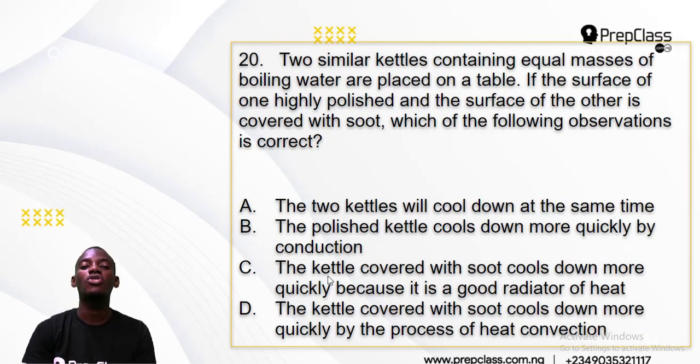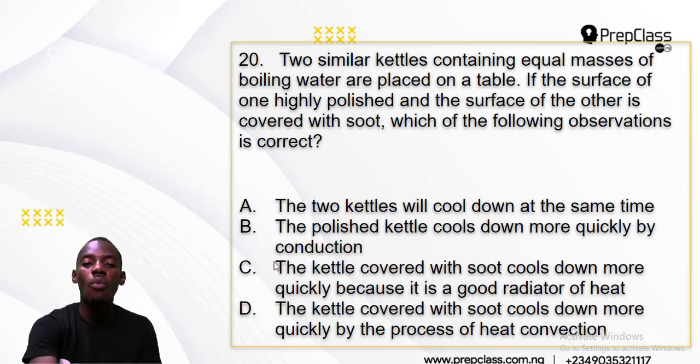Now number 20. Two similar kettles containing equal masses of boiling water are placed on a table. So you have kettles with boiling water, right? If the surface of one is highly polished, and the surface of the other is covered with soot, which of the following observations is correct? The two kettles will cool down at the same time. That's a lie.